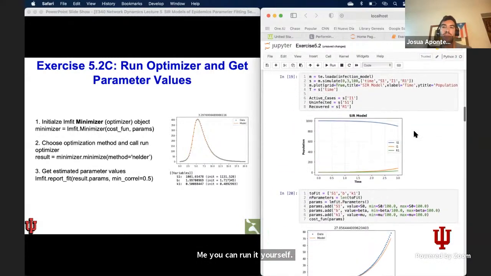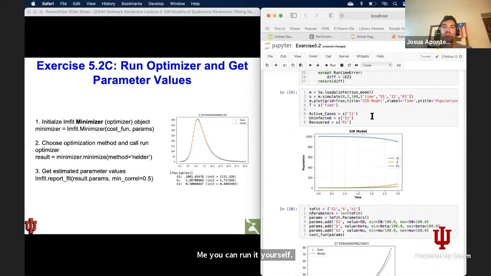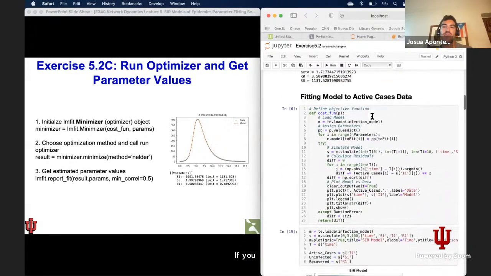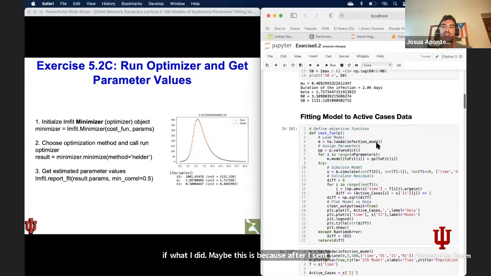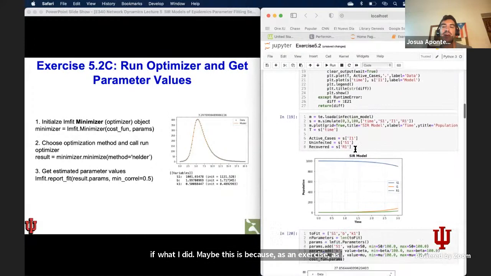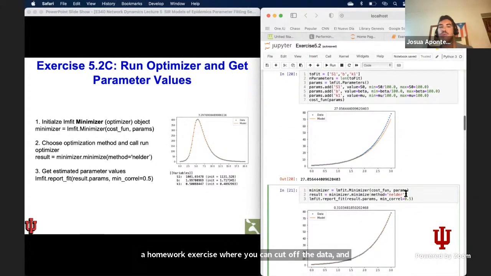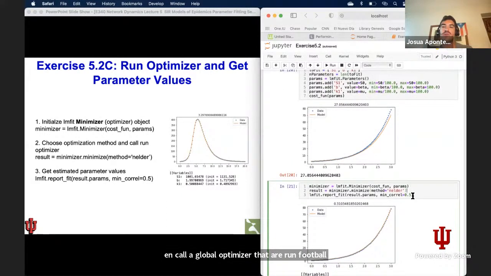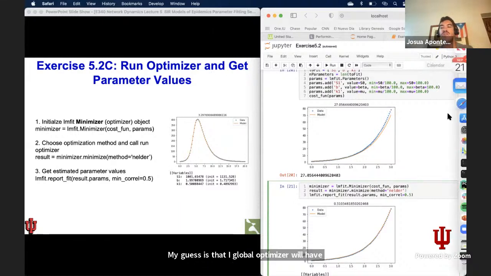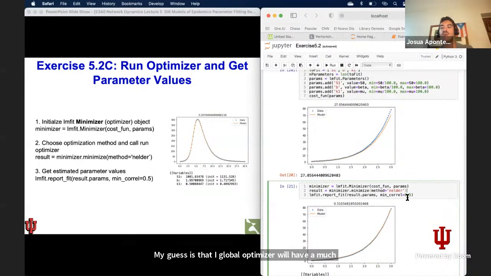Maybe as a homework exercise, you can cut off the data and then call a global optimizer, let it run for a little bit and see whether the optimizer is able to find a solution or not. My guess is that a global optimizer will have a much harder time finding a good solution to the model if we have this limited amount of data.